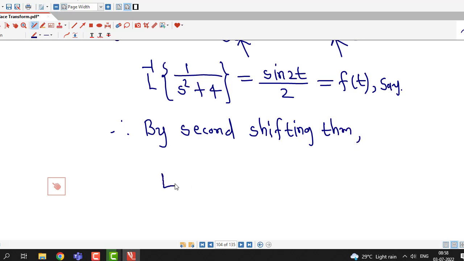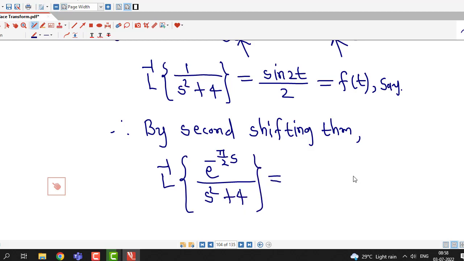inverse Laplace transform of e raised to minus pi by 2 times s divided by s square plus 4 is equal to the unit step function at point pi by 2 into the value of the function at t minus pi by 2, the value of f at t minus pi by 2, and this is our f.